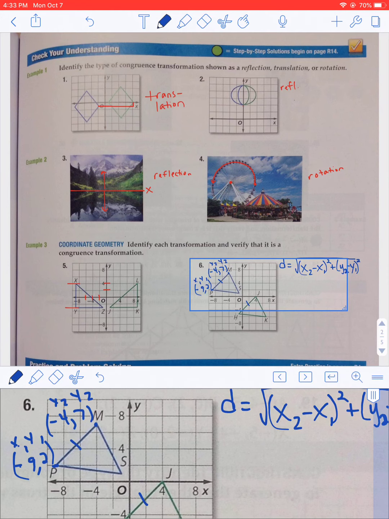So I'm going to subtract my y, or no, I've got x listed first. So I'm going to subtract my x2 and x1. Let me write this out. I don't want to do it too much in my head and confuse you. Plus, it's more likely to make mistakes. All right, so x2 is -4 minus -9.